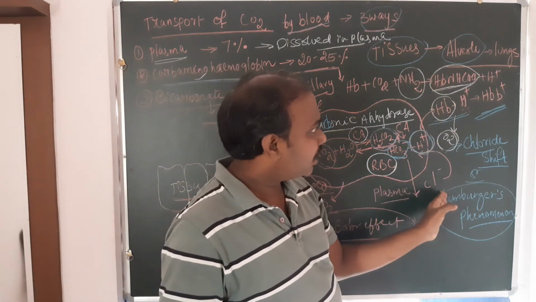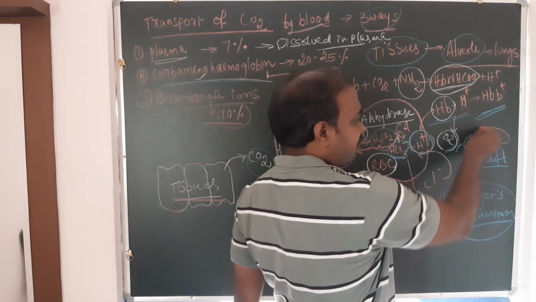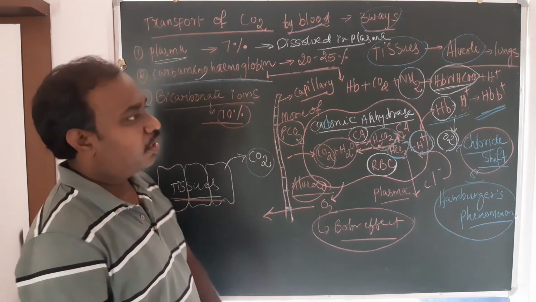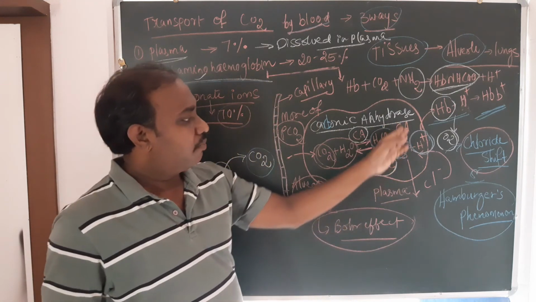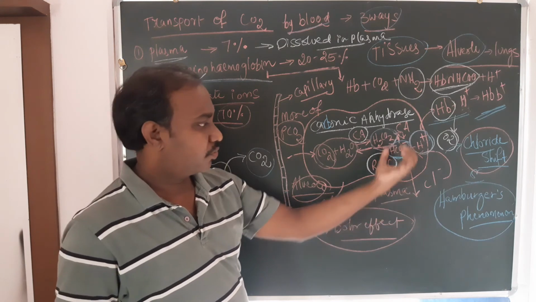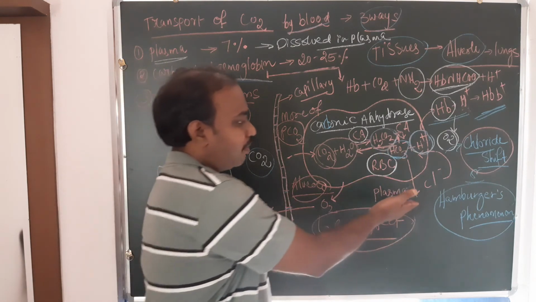An important concept to remember as well is the chloride shift. Why this happens is because of the increasing amount of bicarbonates, because of the concentration differences, so it gets out of the RBC and comes into the plasma.